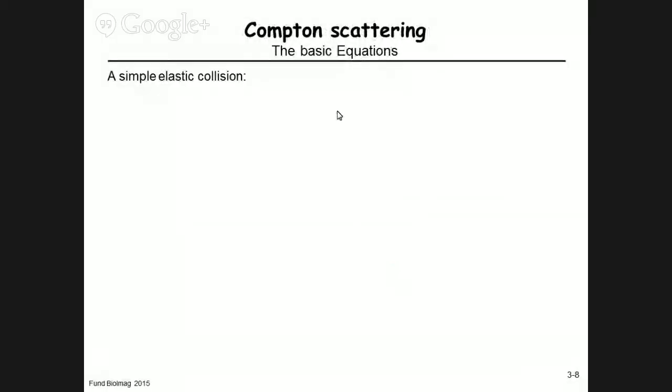Actually, the Compton effect is nothing but a simple elastic relativistic collision between a massless particle, light, a photon, and an electron. For an elastic collision, we have conservation of energy. This is before, this is after.